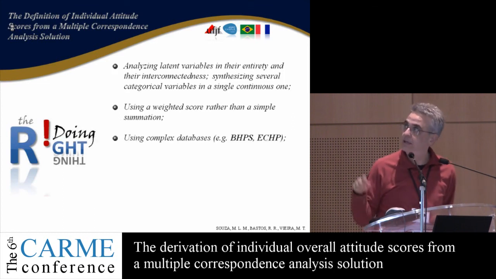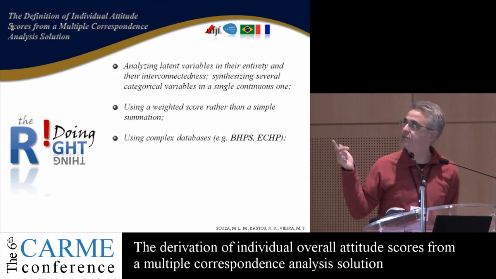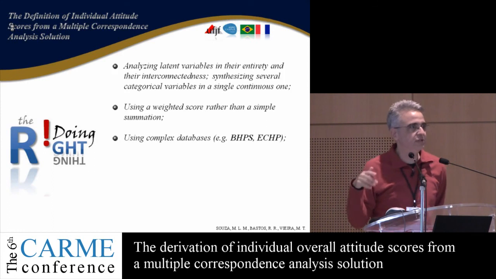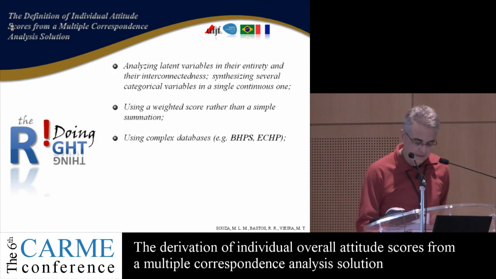So we have been using complex databases in a collaboration with Southampton University. We use the BHPS, which is the British Household Panel Survey, and the European Community Household Panel, and a database like this.